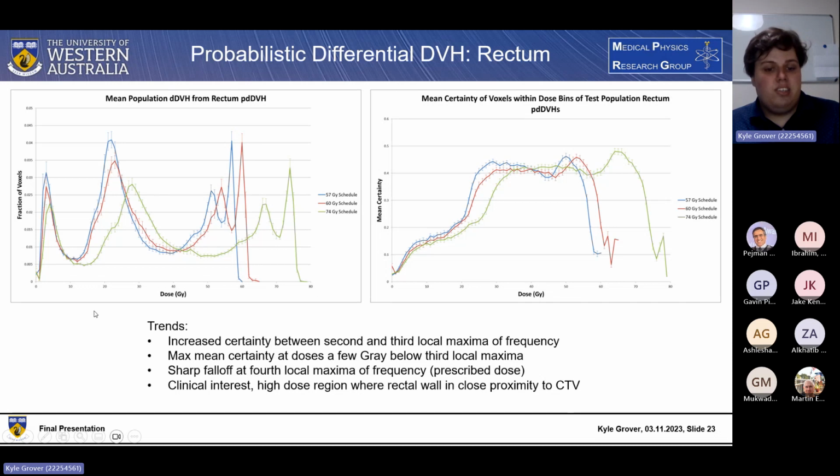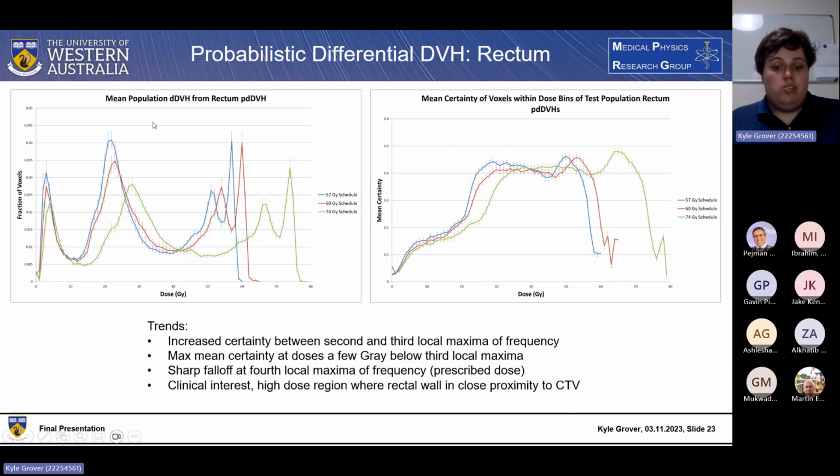In particular, the max mean certainty occurs at doses a few gray below this third maximum. Additionally, there's a very sharp falloff in the mean certainties as we go past the actual prescribed dose.